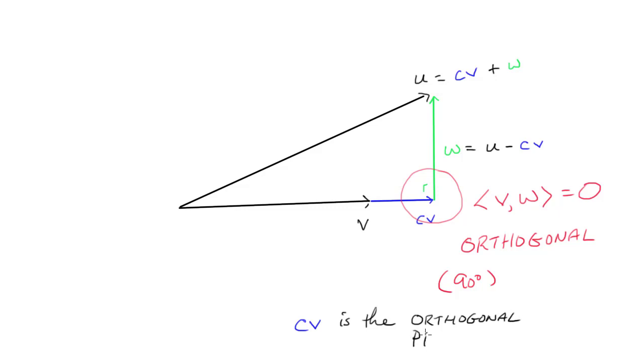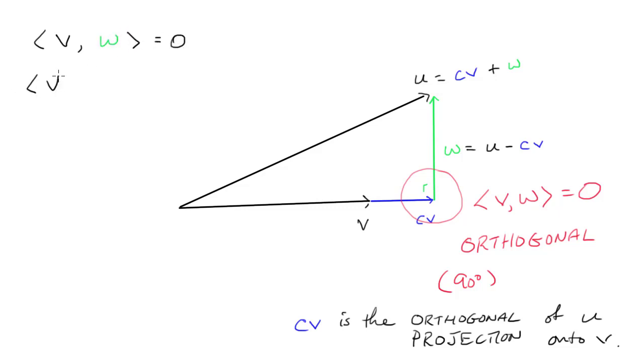Now let's find that scalar c. Inner product of v and w is 0. Swap in what w is. And use linearity. Break up sums.